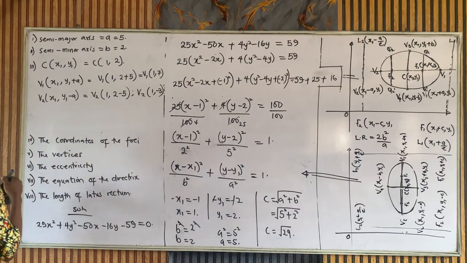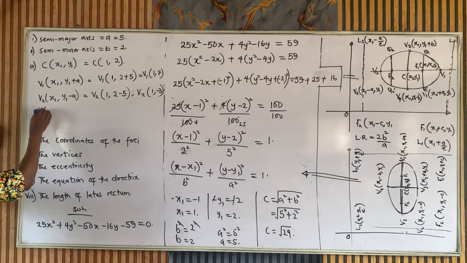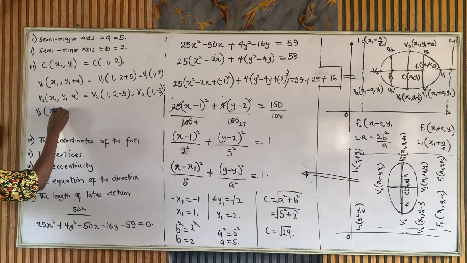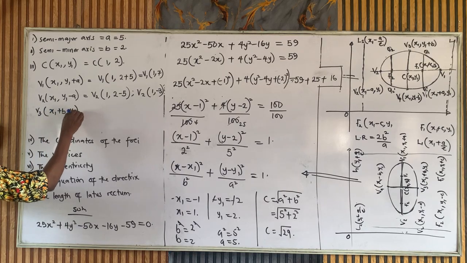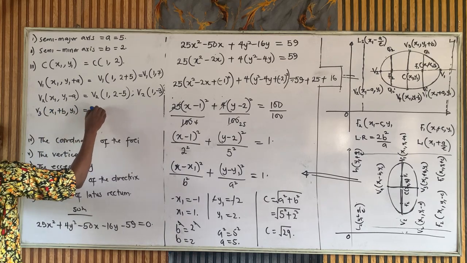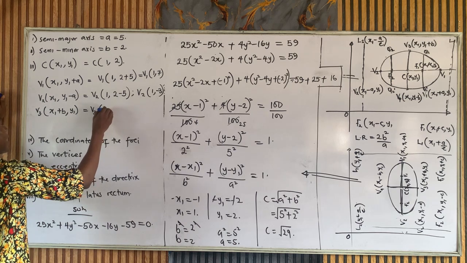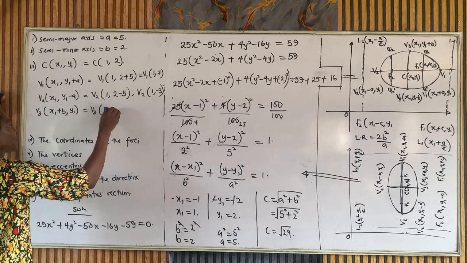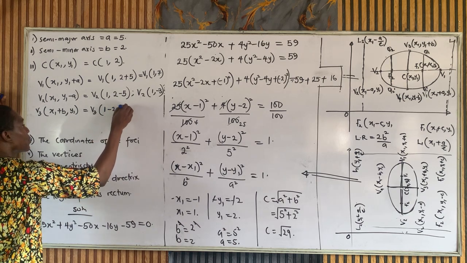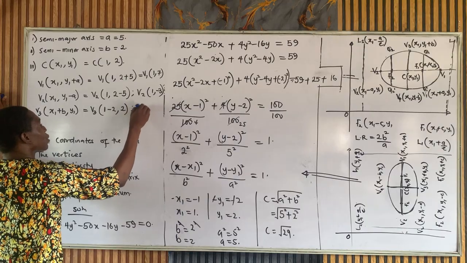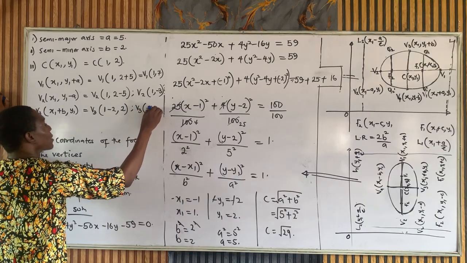Now, I skipped the foci. We'll come back to that though. v3 is x1 minus b, y1. And that will be v3 being equal to, our x1 is 1, minus b, that's 2, y1, which is 2. That will give us our v3 to be equal to minus 1, 2.